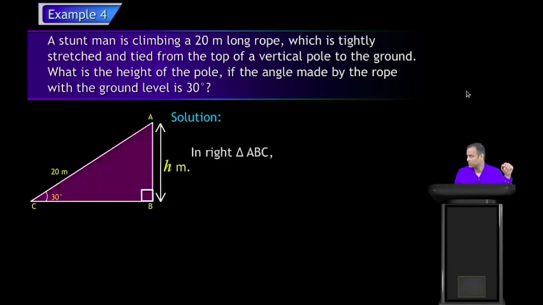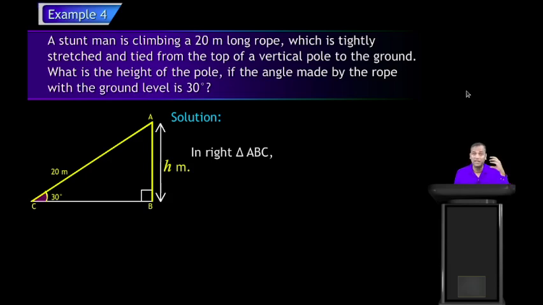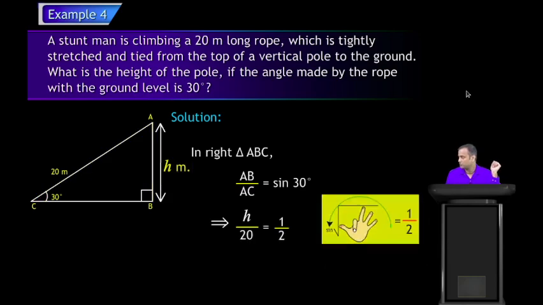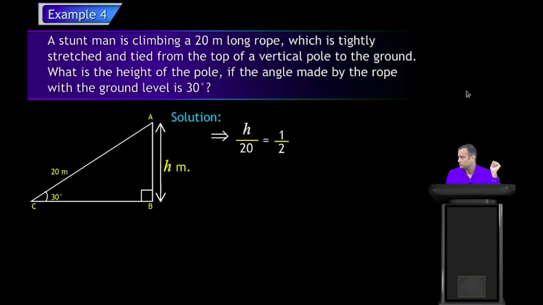In right triangle ABC, what is given to us? AC. What we have to find? AB. So we have to find AB upon AC. So we will use AB upon AC, and yes, it is equal to sine 30 degrees. So it is h upon 20, and this is equal to 1 by 2. Then our answer is 10 meter.